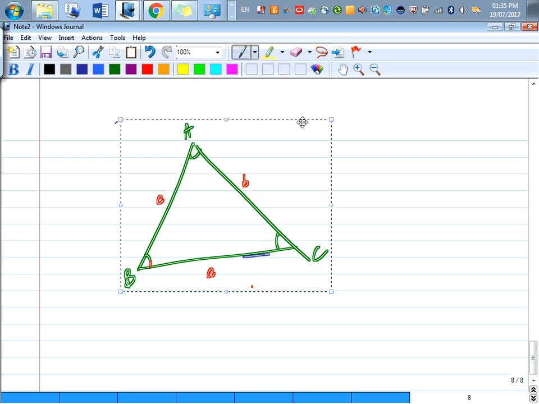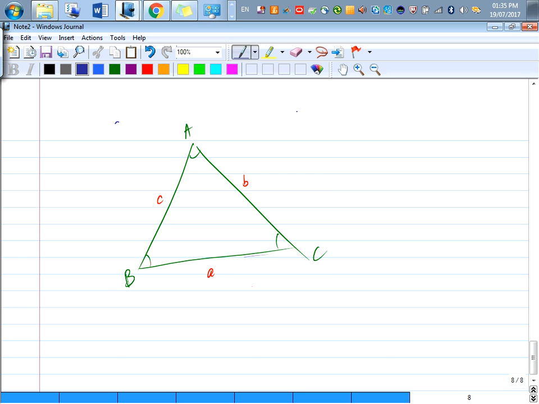We have a over sine A equals to b over sine B equals to c over sine C. Okay, our sine rule. We all know how to use it, but when do we choose to use sine rule?